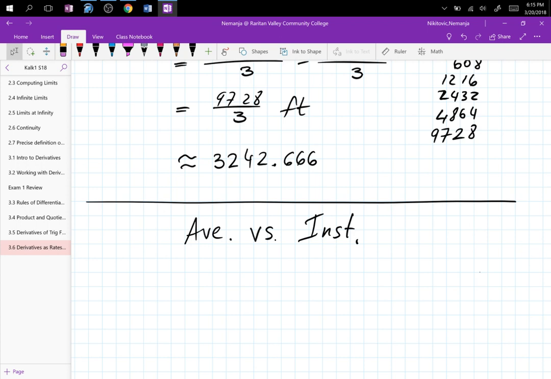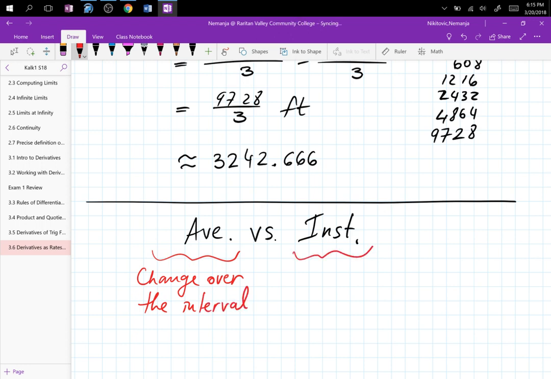So average is a change over the interval, and instantaneous is change at a point.